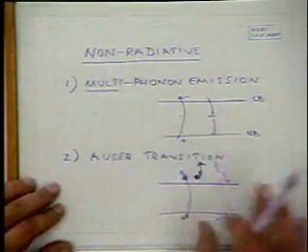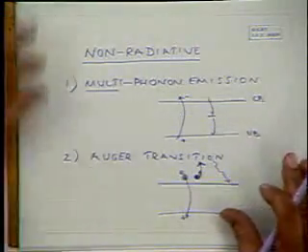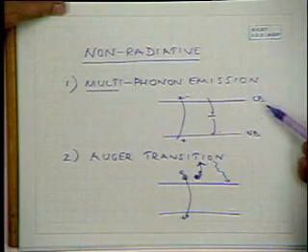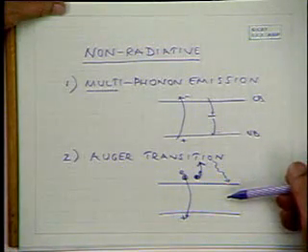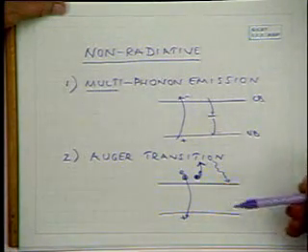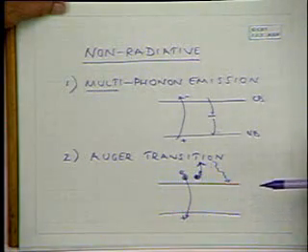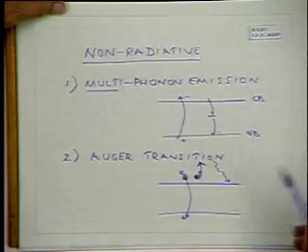There are many cases of Auger transitions, and if we want to have a good luminescent material, we must suppress both multiphonon emission and Auger transitions. In the case of semiconductor lasers, it will be seen how this is done by the use of strain or the use of band structure engineering.